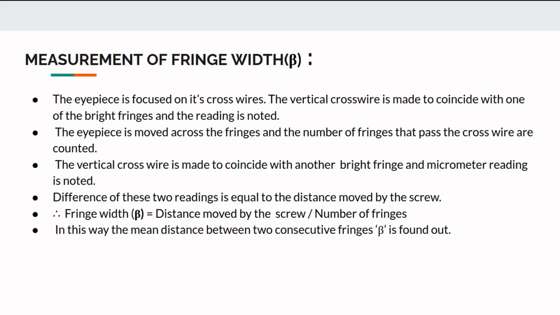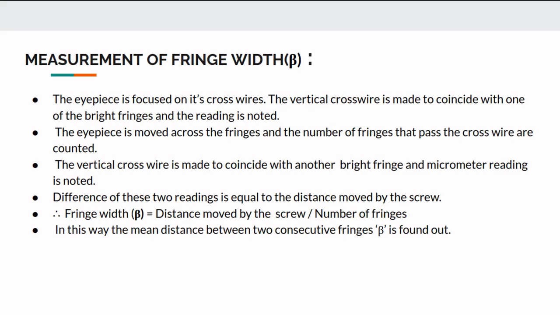Once again, the eyepiece is focused to crosswires. First of all, the vertical crosswire is made to coincide with one of the fringes, and the reading of the micrometer is noted. The eyepiece is moved across the fringes, counting the fringes, and again it is made to coincide with another fringe. Then again the reading is noted.